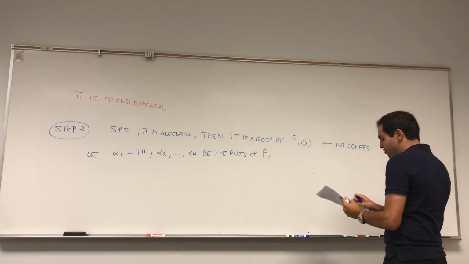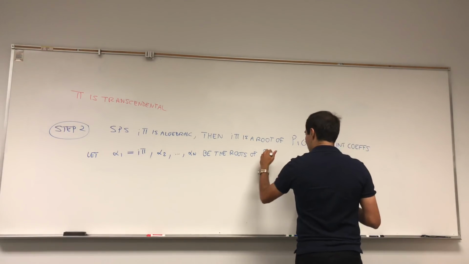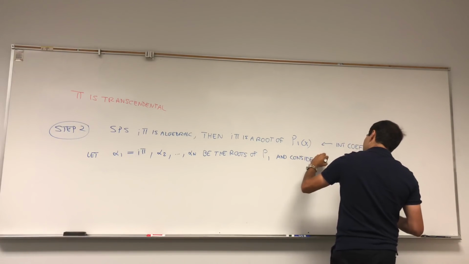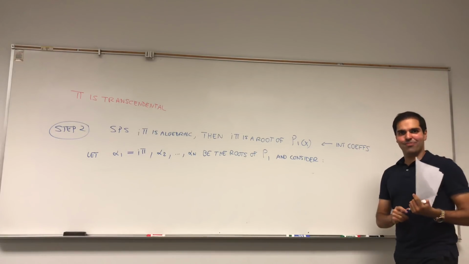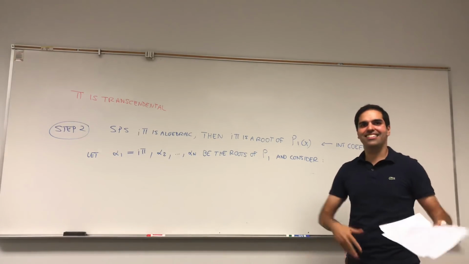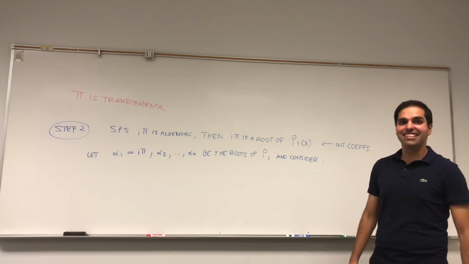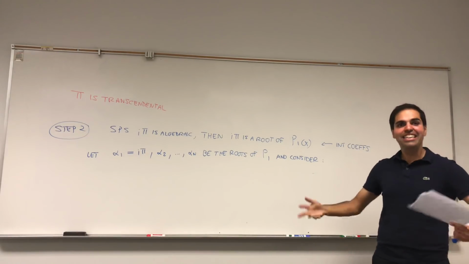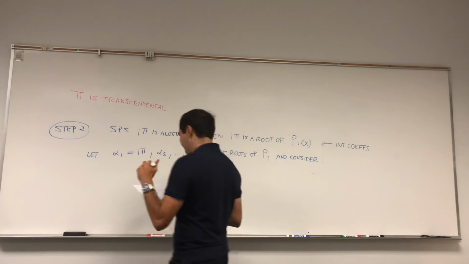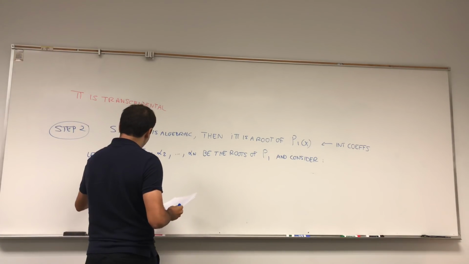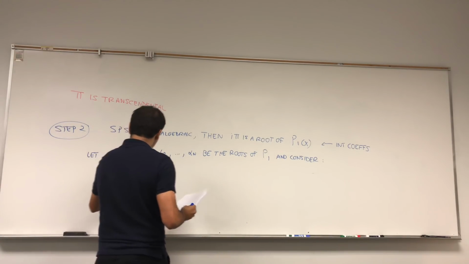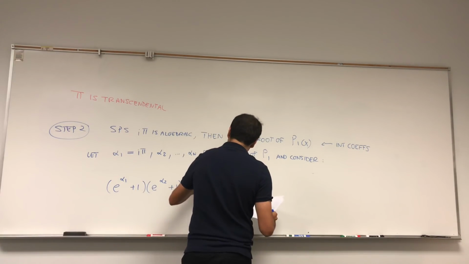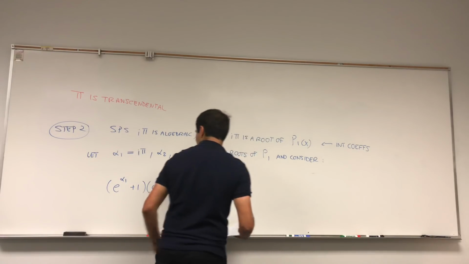And let's just consider the following expression. It's a weird expression, but well, who says i pi says e to the i pi, which is minus 1. So maybe we want to have some expression involving e to the i pi plus 1. And in fact there is. So consider e to the alpha 1 plus 1, times e to the alpha 2 plus 1, dot dot dot, times e to the alpha n plus 1.